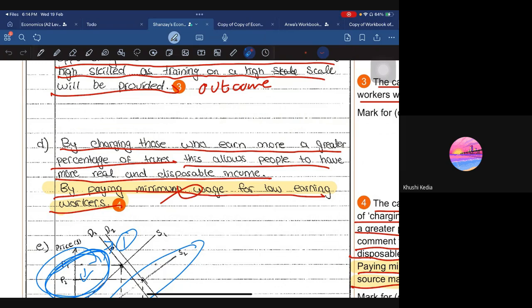Yes, because you are allowing the people to earn more, because minimum wage is not going to be applied everywhere. Those people who are skilled, what are they going to do? The minimum wage is 2500 and now they are giving 3000 rupees. So, is it going to affect the rich? No, because they are already earning above the minimum wage.